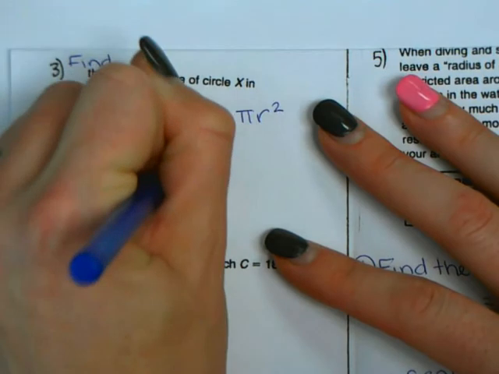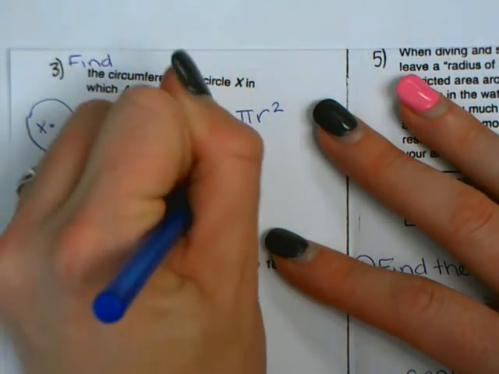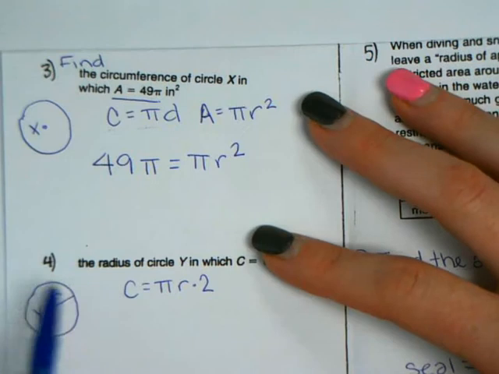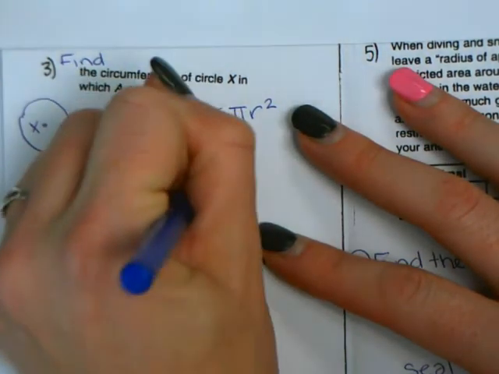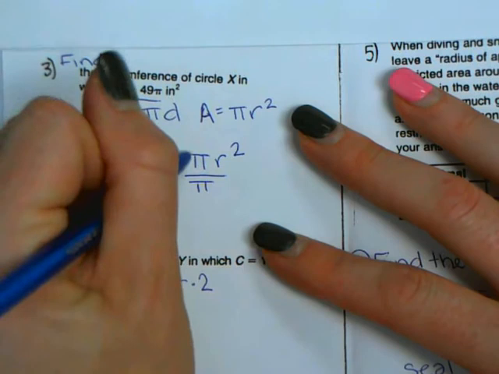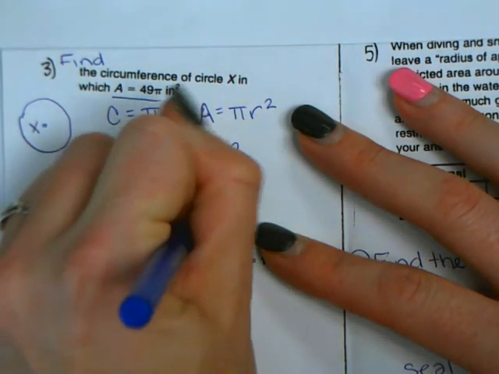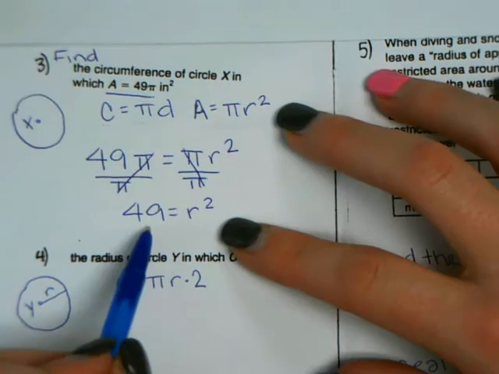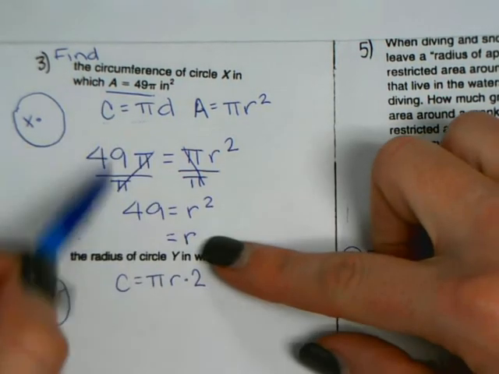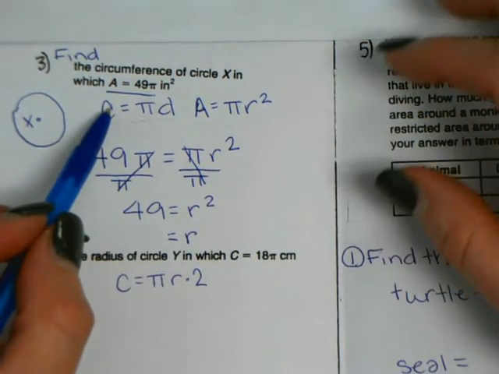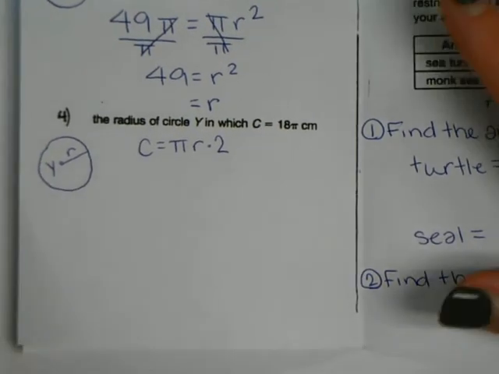So I'm going to take the area they gave me and set it equal to my area formula, and now it's just a basic algebra problem of solving for r. I am going to divide by pi so that my pi is gone, and I get 49 equals r squared. I'm really confident from here you can find r, and once you find r, you're going to plug it back in and find the circumference.